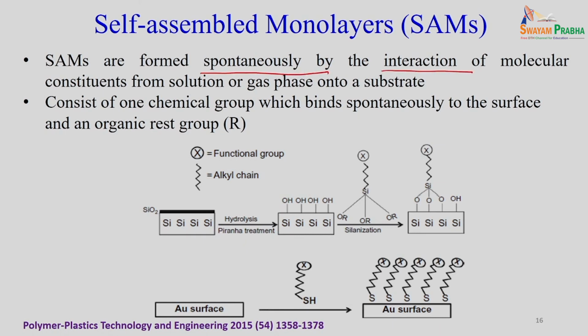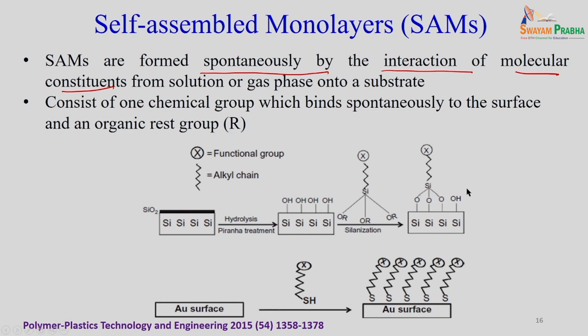This interaction may be physical adsorption or chemisorption of your target agent or molecular constituents from the solution or the gas phase on a substrate. Here, if you are talking about self assembled monolayers, particularly this is in the solution phase, and from the solution phase it is forming a covalent bond on the surface.